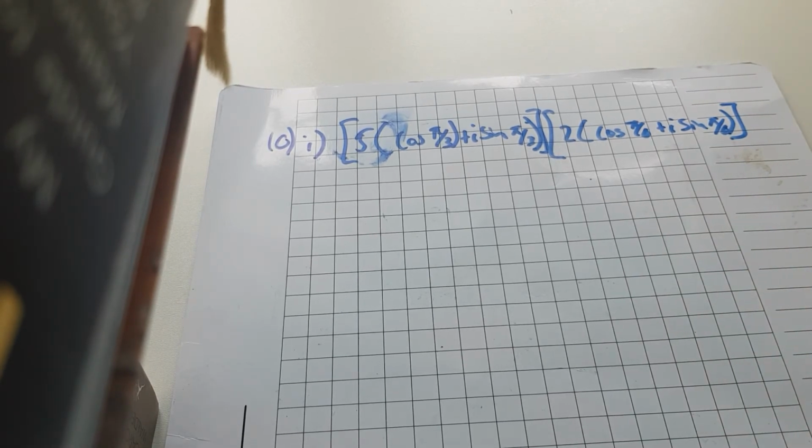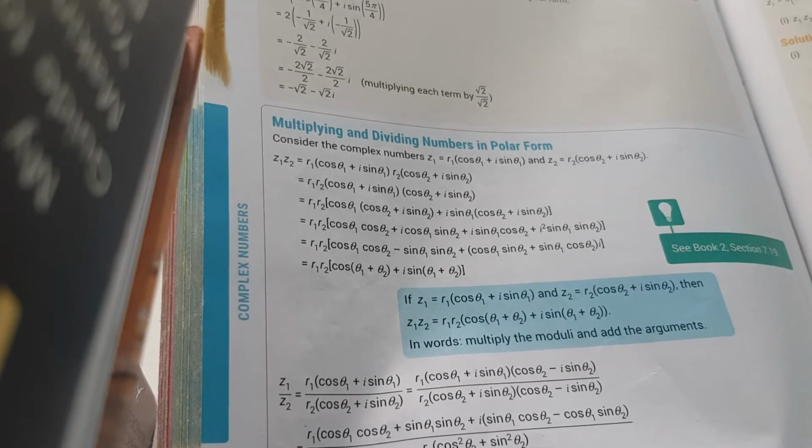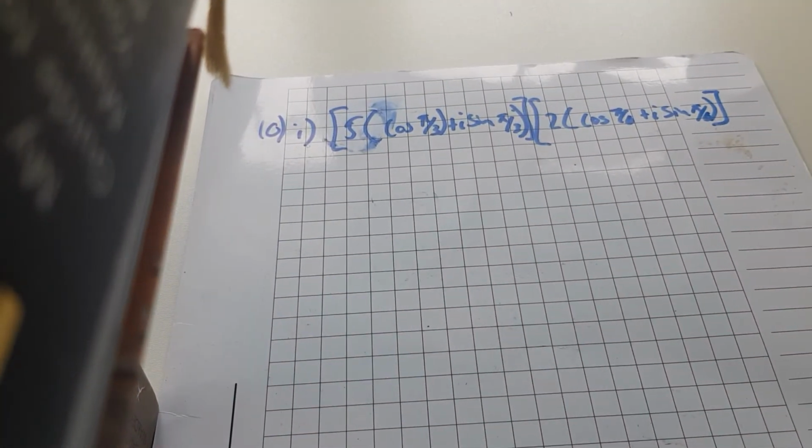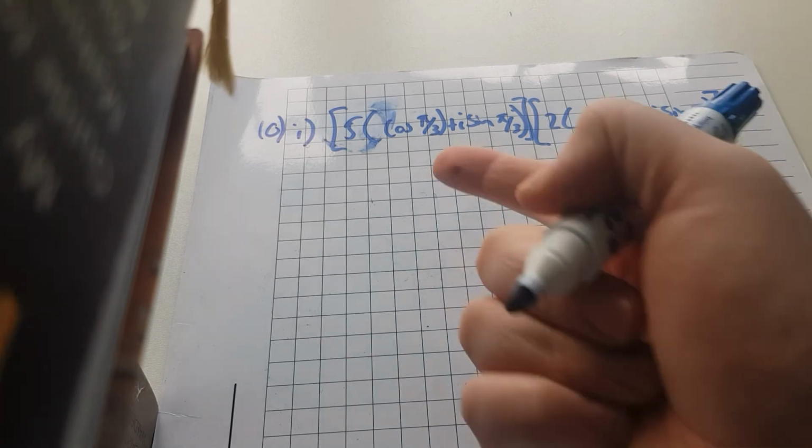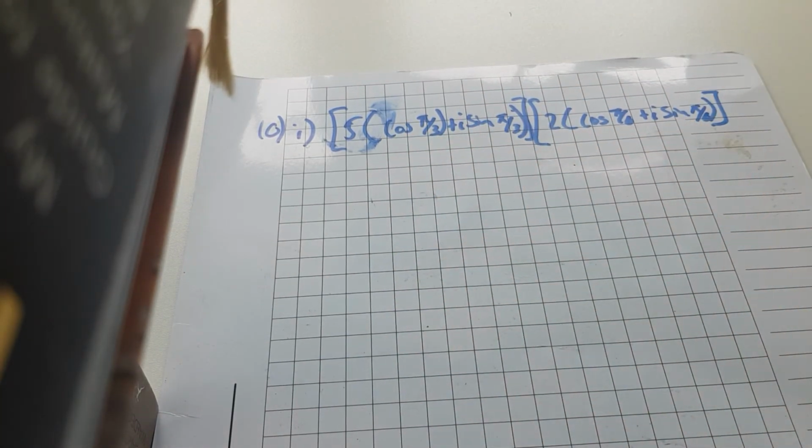Now, you can go back to the previous page and look at the proof. Okay, that's the proof. You could turn these into rectangular form, so put these into x plus yi, multiply it and then turn it back.